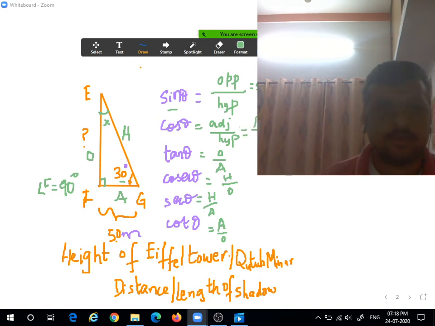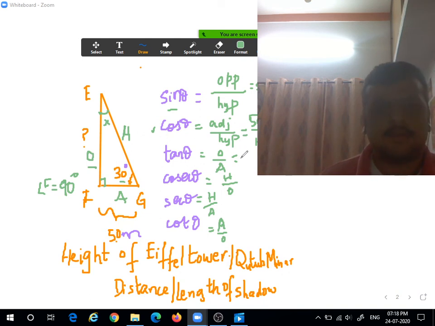Hypotenuse we don't know, adjacent we know, which is 50 upon hypotenuse. We also know cos of 30, and we can easily find the hypotenuse. But again, it's a process, so you should know how to judge which trigonometric ratio to use to minimize your steps. We want the opposite side.